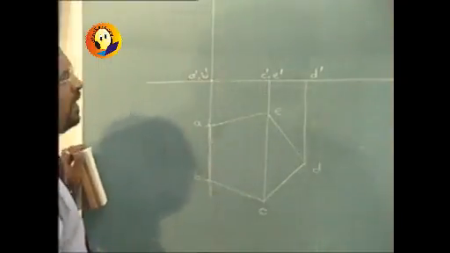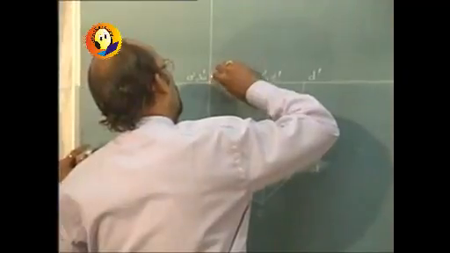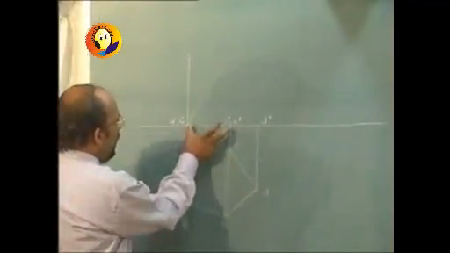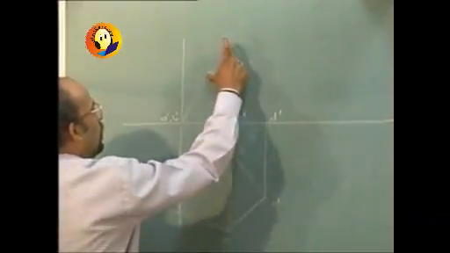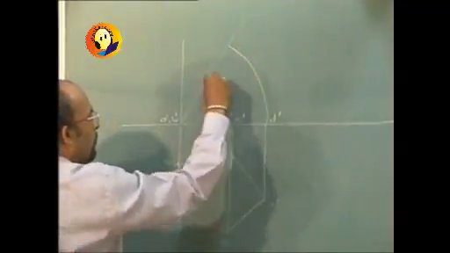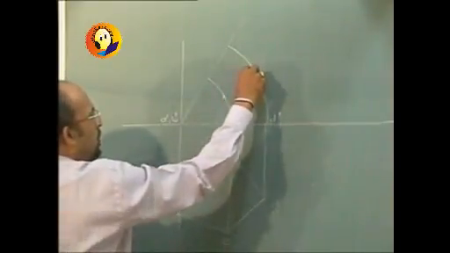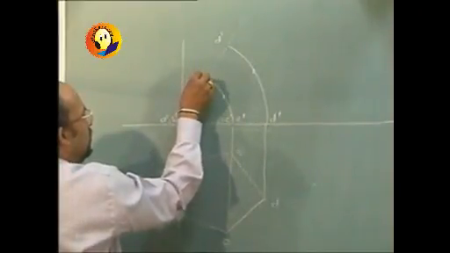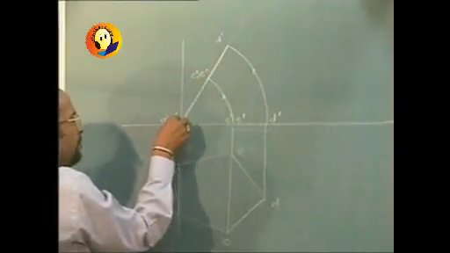Now the lamina makes 60 degrees, so we are required to draw a line at 60 degrees and then transfer these distances. So I want you to rotate these 2 points and mark them again, C dash, E dash and D dash, and finalize them.